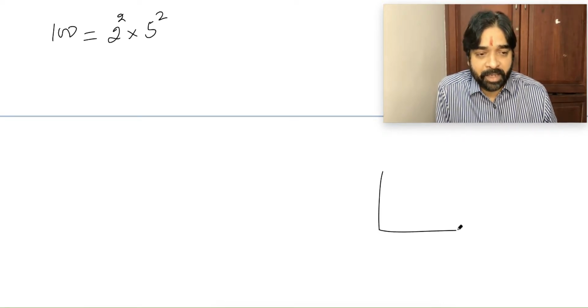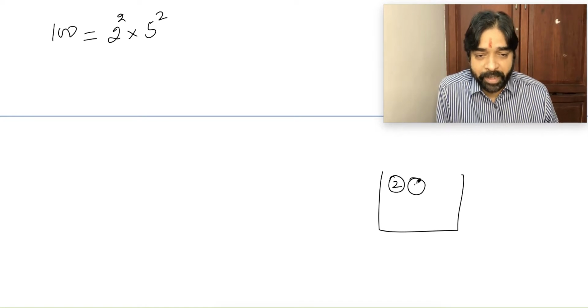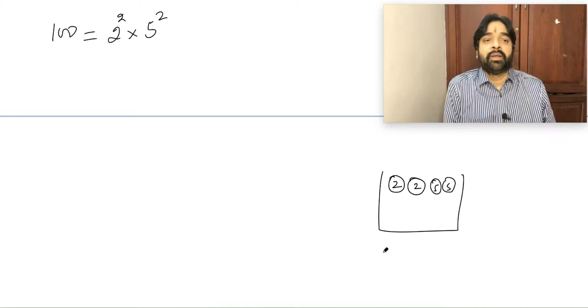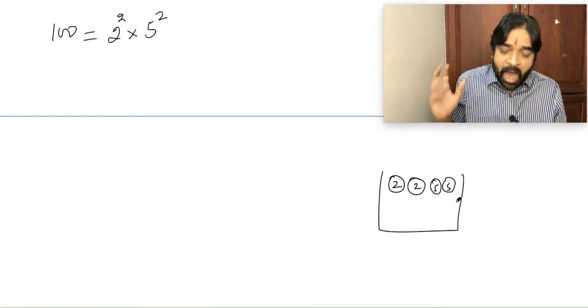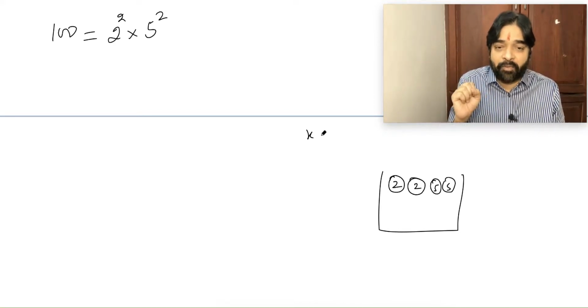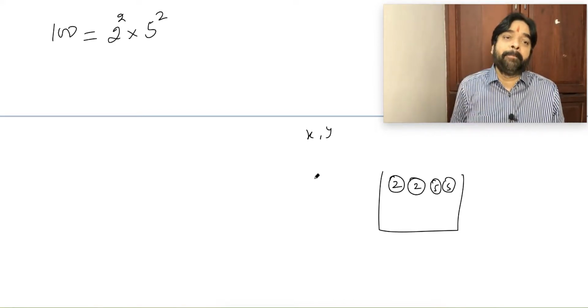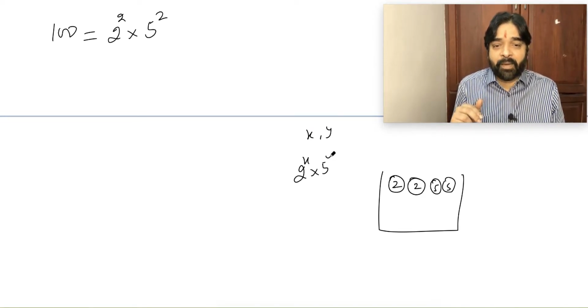Now imagine a container which contains two 2 rupee coins and two 5 rupee coins. Put your hand and take it out. Suppose you say, I got x number of 2 and y number of 5. That means you got the number 2 power x into 5 power y.